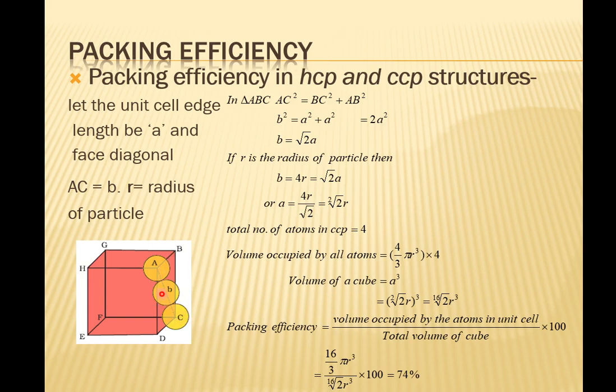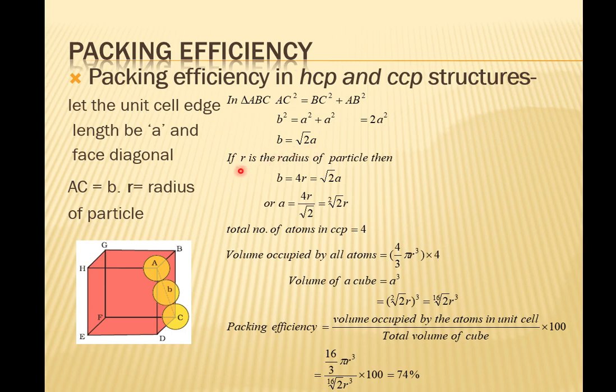ABC will be a right angle triangle. In this triangle, AC square will be equal to BC square plus AB square. Putting these values, it becomes b square equals a square plus a square, or b will be equal to root 2 a.